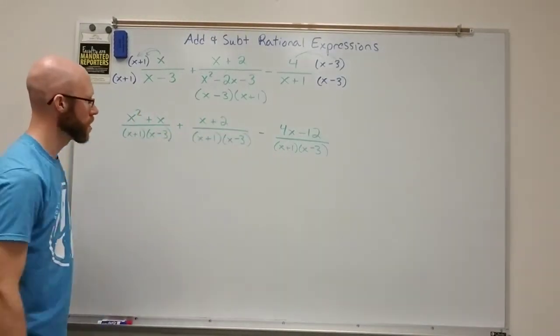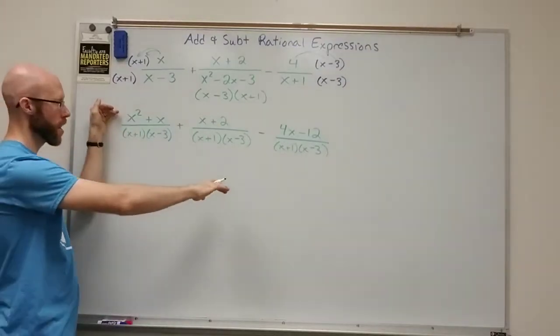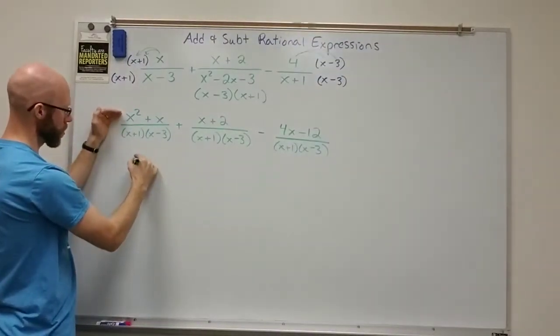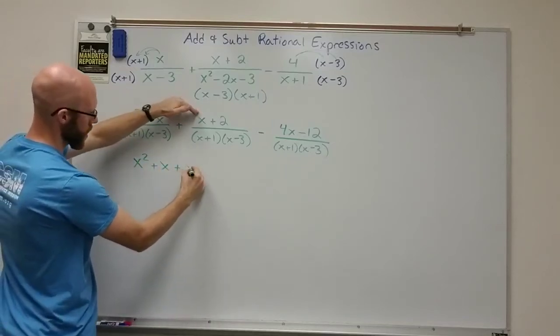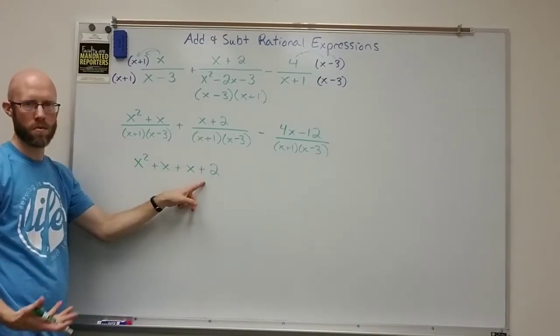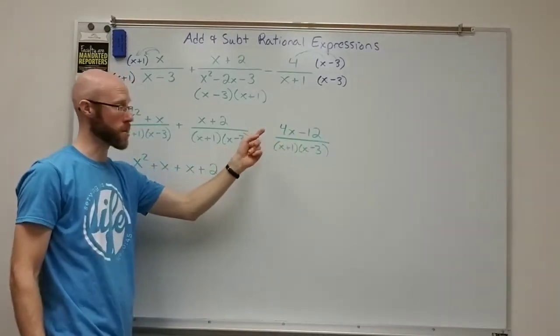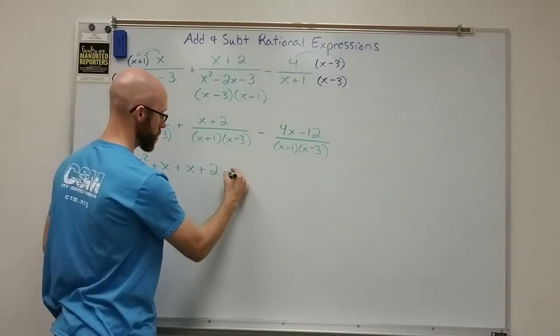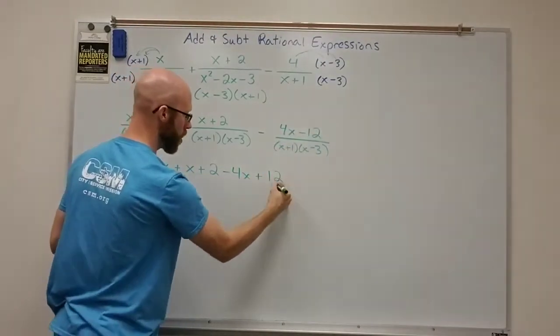Let's put them all in one fraction, and then we'll combine them at the end. So we'll go x squared plus x plus another x plus 2, right? This addition just kind of distributes, keeps the signs the same. The subtraction distributes and changes the sign. So minus 4x, and then a double negative makes for a plus 12.